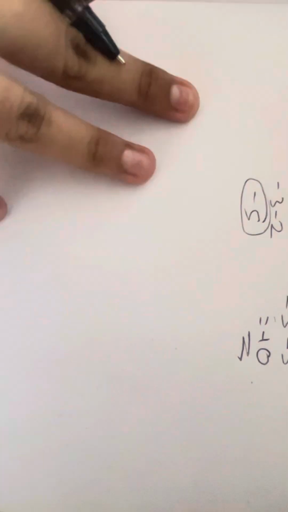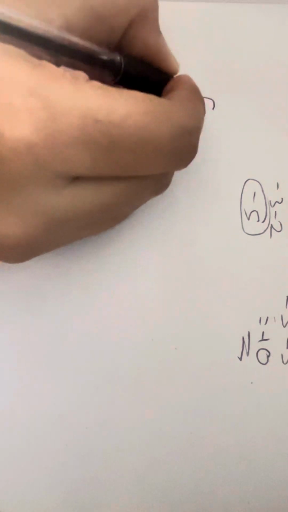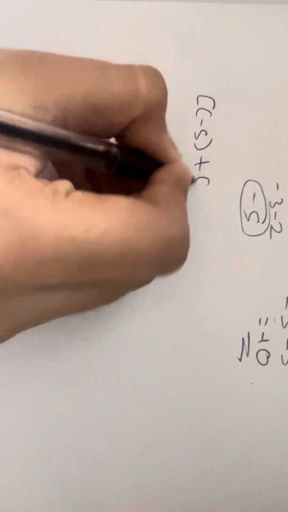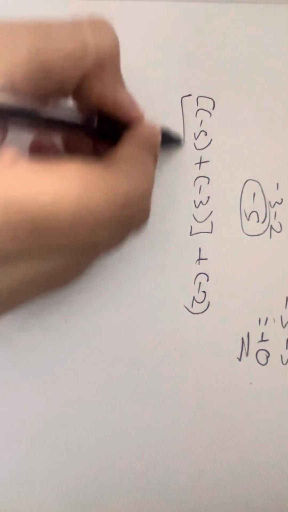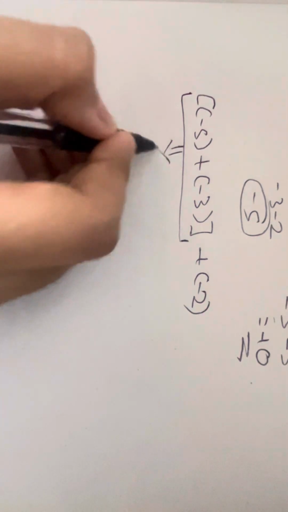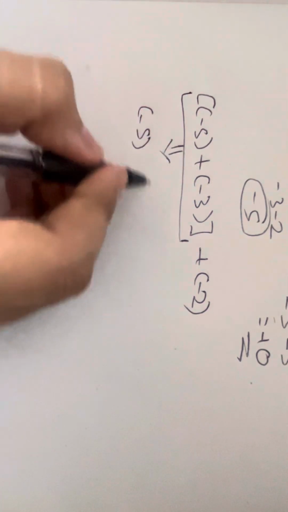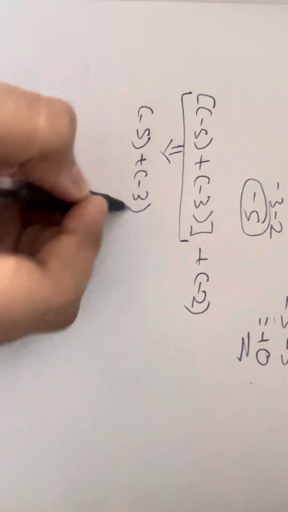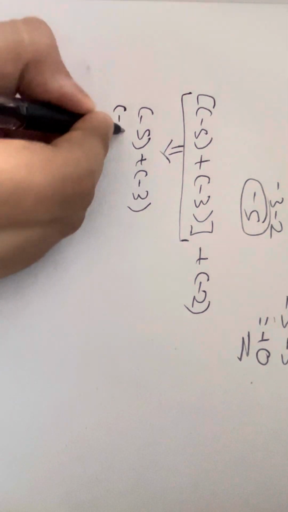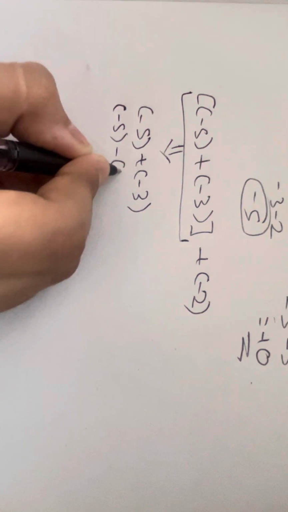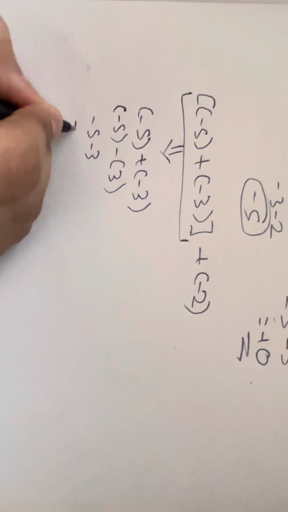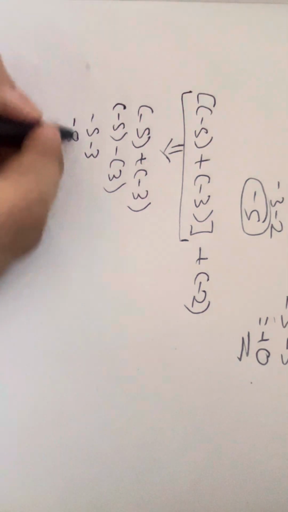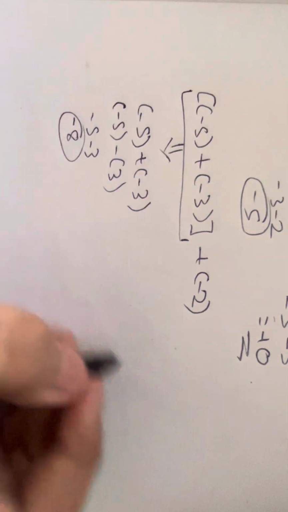Similarly, you will do the same thing for equation number 2, that is minus 5 plus minus 3 plus minus 2. So here again you have to solve the bracket first. So here we go, minus 5 plus minus 3, let me show in steps to you guys. The outcome is minus 8 here.